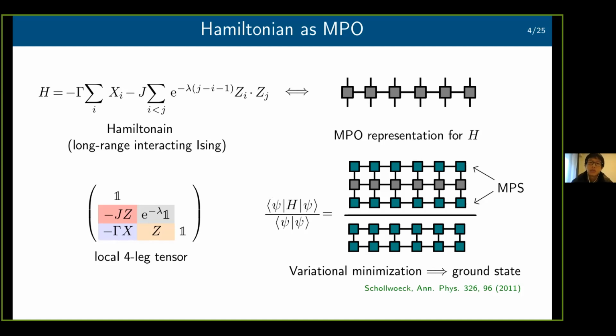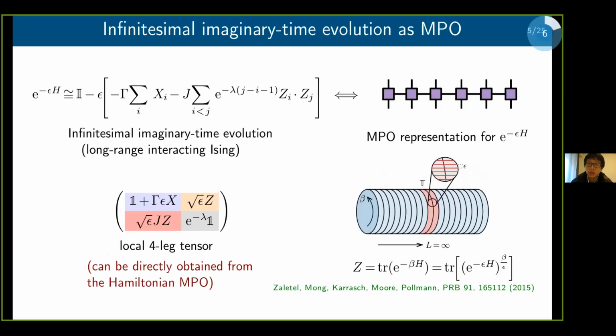So let's move on to consider the imaginary time evolution operator as an MPO. Interestingly, if we only keep the first order terms in this time evolution operator, we can see that there is also a very compact form for the MPO representation of the evolution operator.